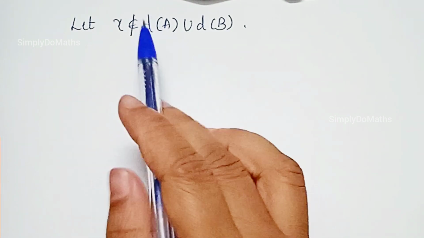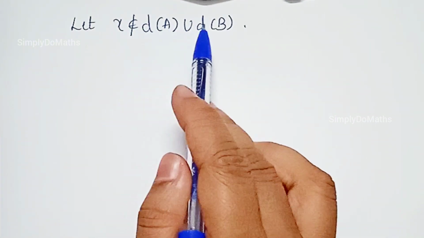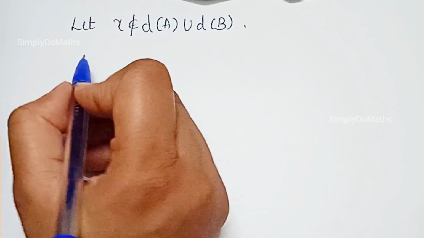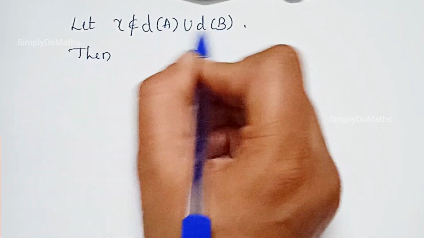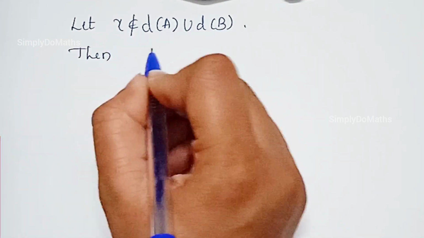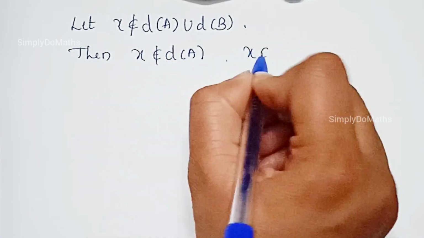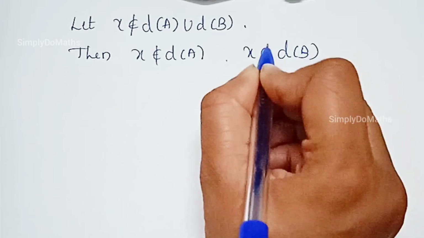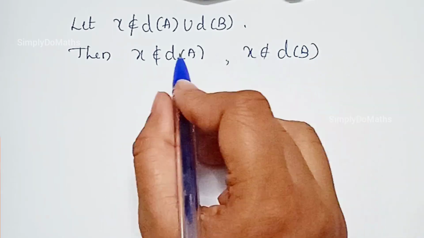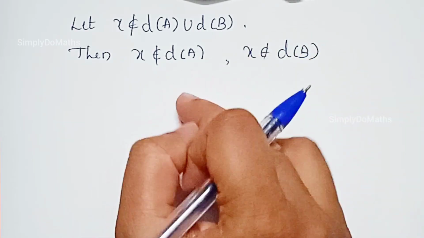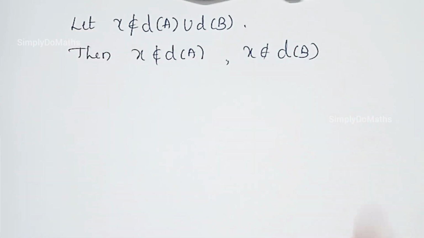Let's consider X does not belong to the derived set of A union the derived set of B. In a union, X doesn't belong, which implies X does not belong to the derived set of A and X does not belong to the derived set of B. If any one set contained X, then X would belong to the union, so that doesn't hold.